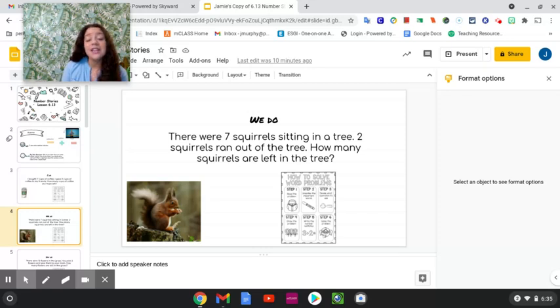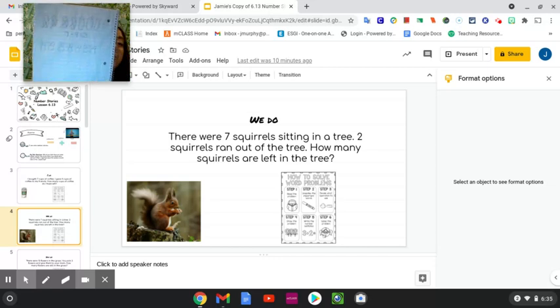Don't forget to count and make sure you're only drawing 7 squirrels. 1, 2, 3, 4, 5, 6, 7. All right, I'm going to hold up my 7 squirrels. Do you have 7 squirrels?